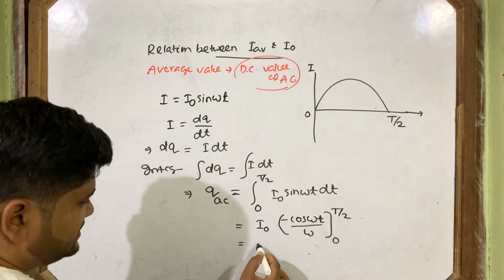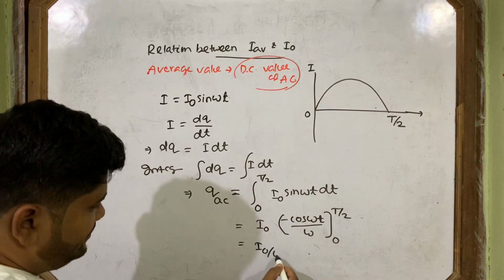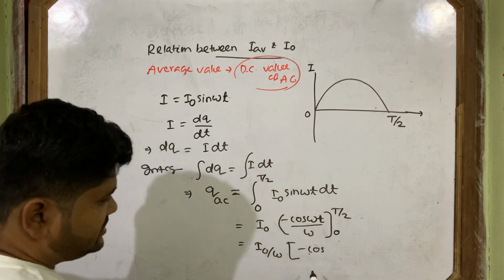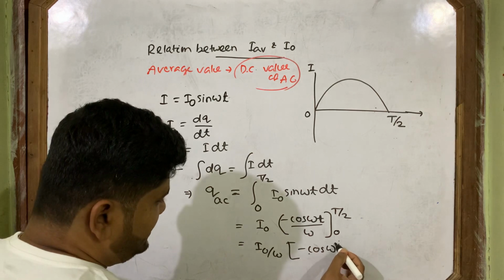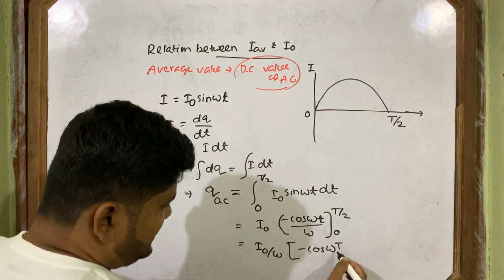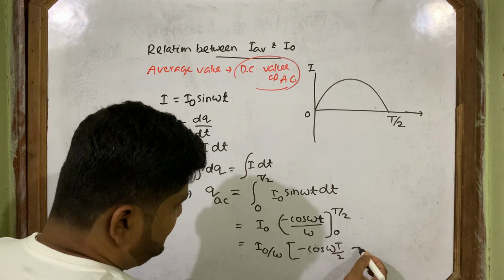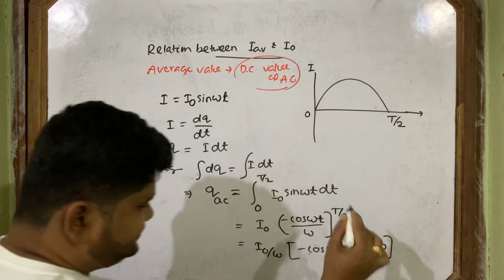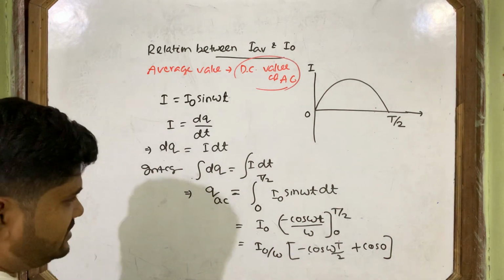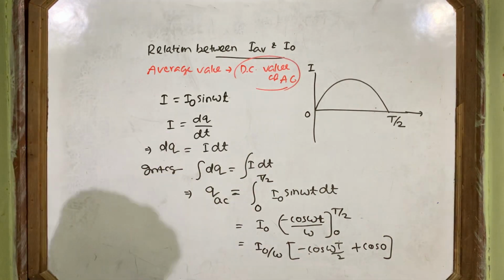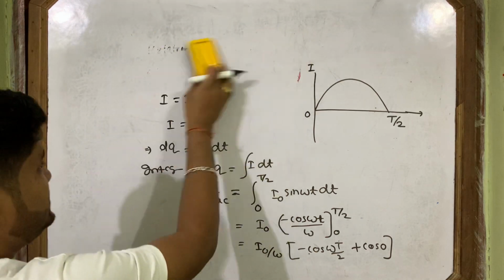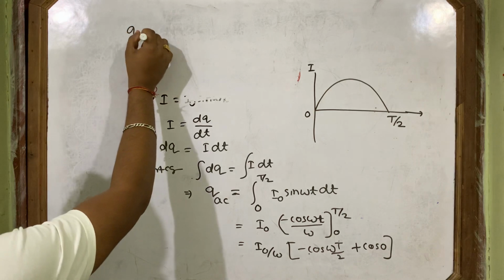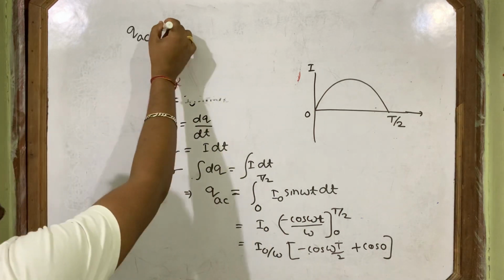So this is I naught by omega, times minus cos, put the limits: omega T by 2, then minus, but minus minus becomes plus cos 0. So Q AC is coming I naught by omega.